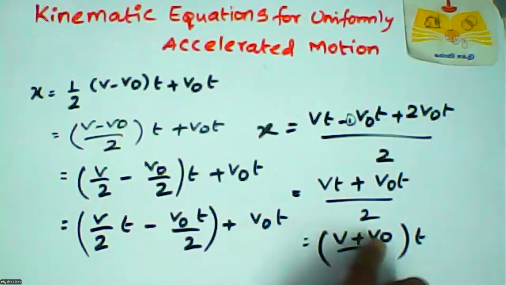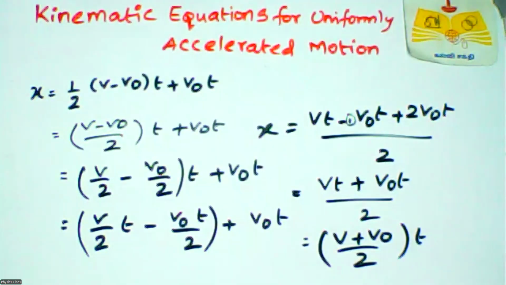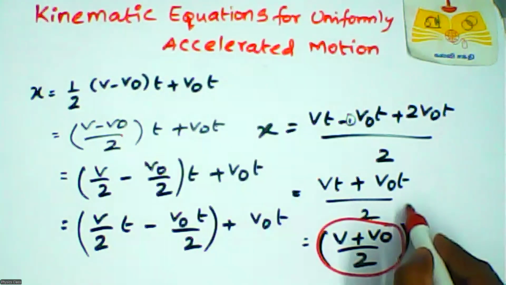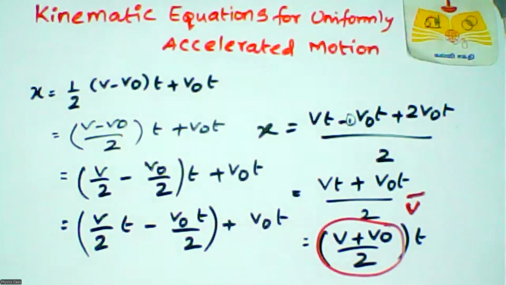So there are two velocities here. So v plus v naught by 2 gives average velocity. So v plus v naught by 2 is replaced by v bar. There is a line on v. That line is called average or bar. So v bar means average velocity in this case.